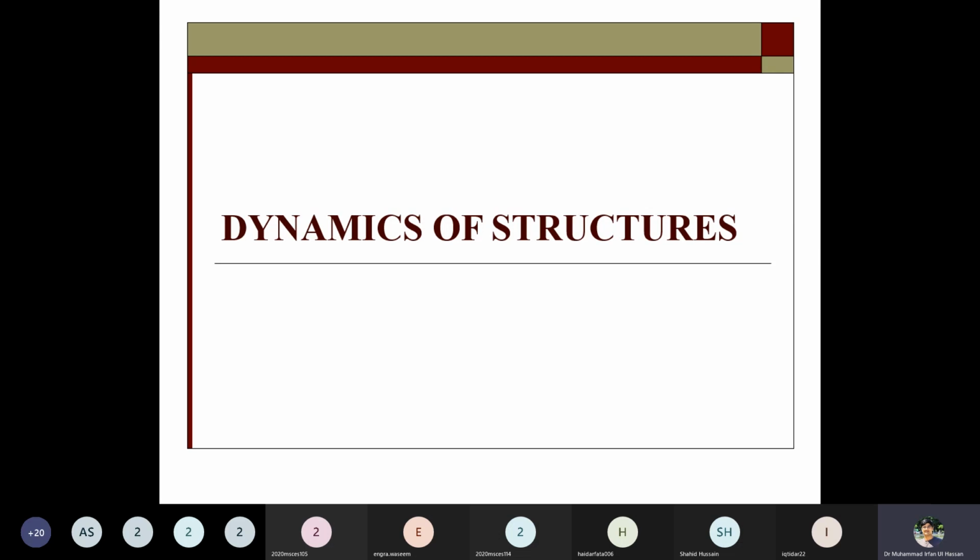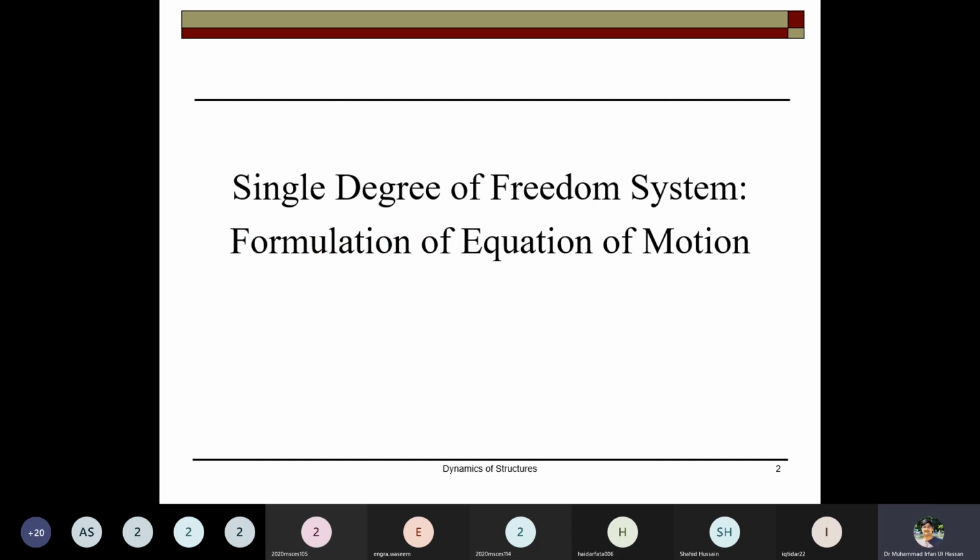So we were discussing the equation of motion and the different components involved in structural dynamics. Initially we start with the single degree of freedom system and how to formulate the equation of motion. The important point is that these are second order differential equations.